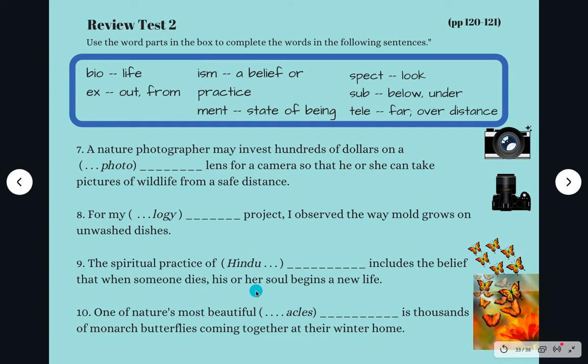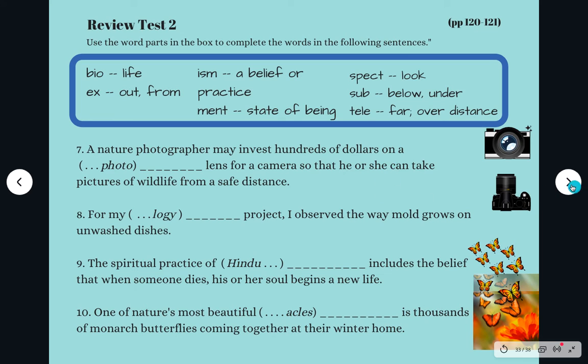The spiritual practice of Hindu something includes the belief that when someone dies, his or her soul begins a new life. I'd choose something from up here. It has to do with belief. One of nature's most beautiful something occurs is thousands of monarch butterflies coming together at their winter home, and I would choose something from over here.